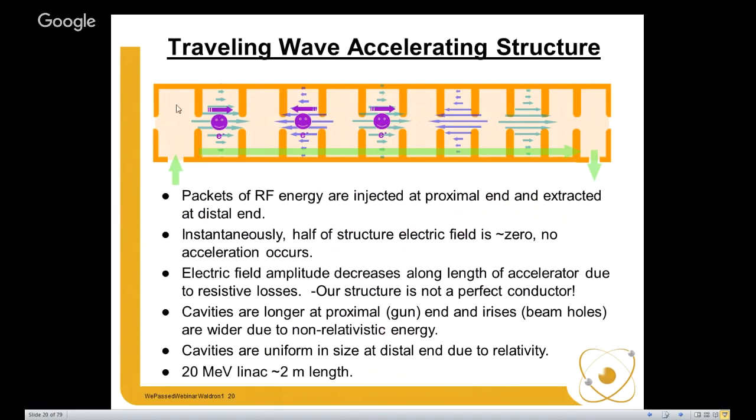At the proximal end, the transit times are changing because the particles are increasing in velocity. Once they become relativistic, their velocity remains constant, so the cavities are the same size. And in a traveling wave LINAC, we're looking at something approaching 2 meters length to get to 20 MeV.